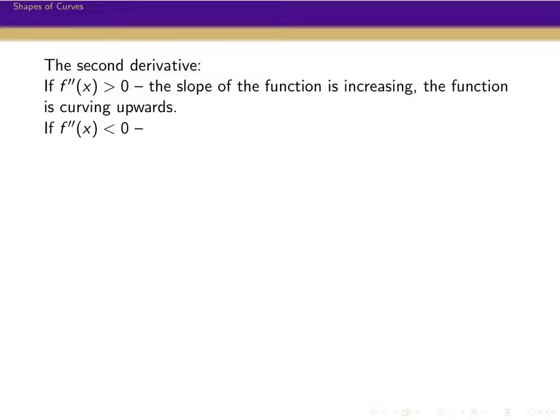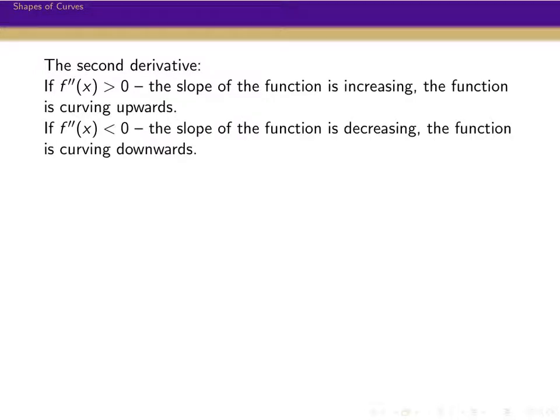On the other hand, if the second derivative is negative, well, this means the slope of the function is decreasing. So if it starts off positive, then it's going to turn into being less positive.